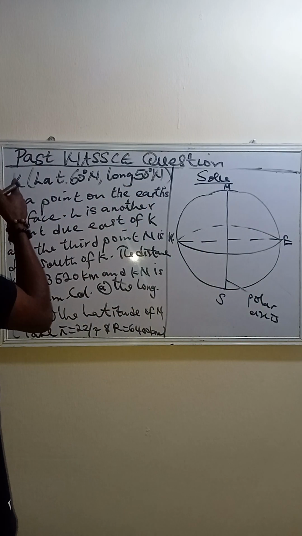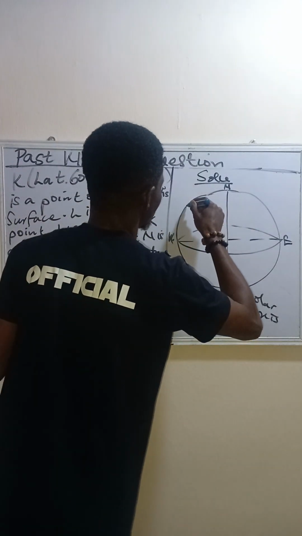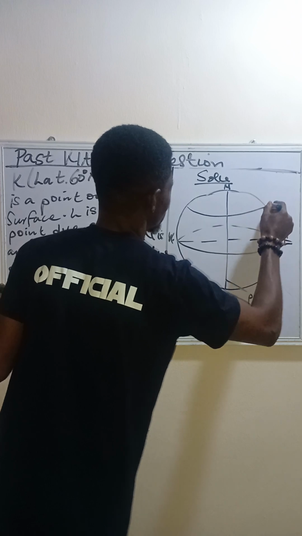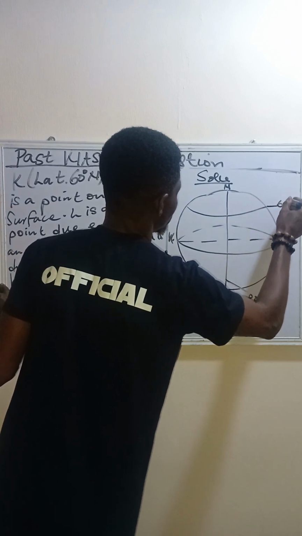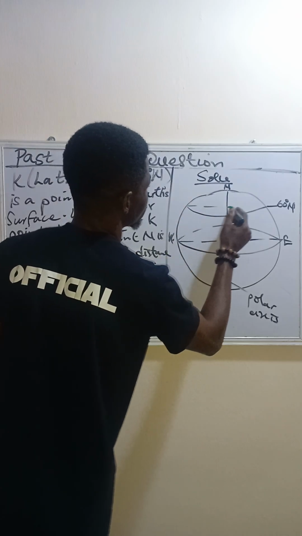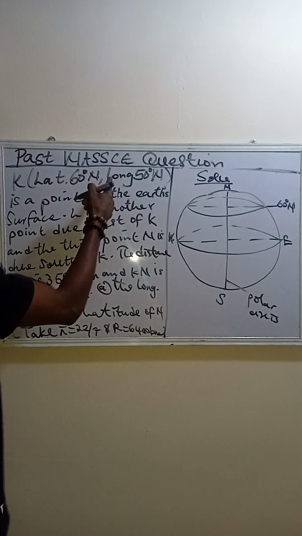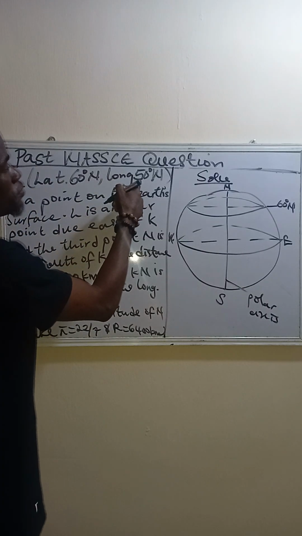Now the question says K has latitude of 60°. This is the latitude, and up, so you draw it up. This is 60° north. And 50° west.